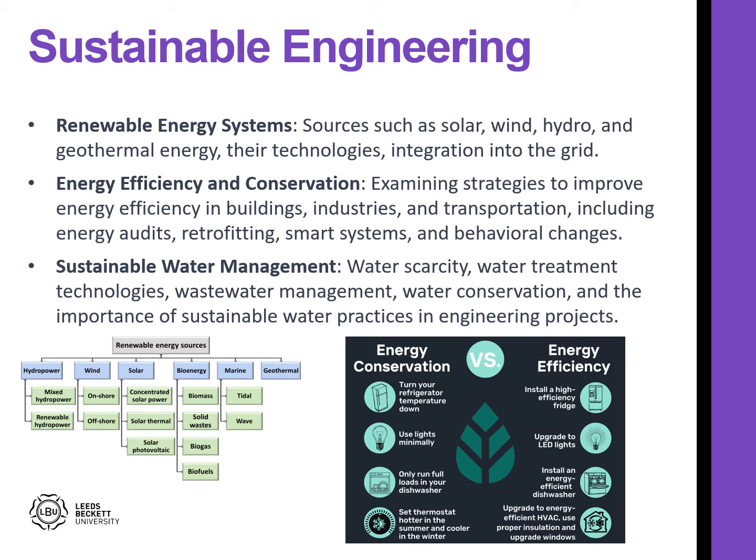In sustainable engineering, we're looking at renewable energy systems, sources such as solar panels, wind, hydrogen, geothermal energy, their technologies, and integration into the grid as well. Again, do your own research on this. So some people will argue that solar energy, when it's installed, for example as solar panels on the roof of your house, can be seen as environmentally friendly, but where did the products come from to make those solar panels?